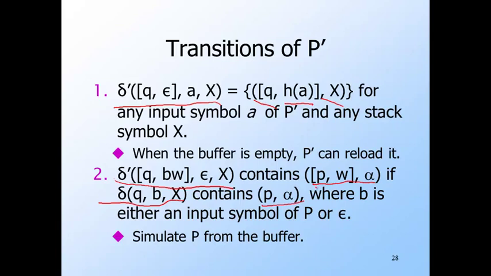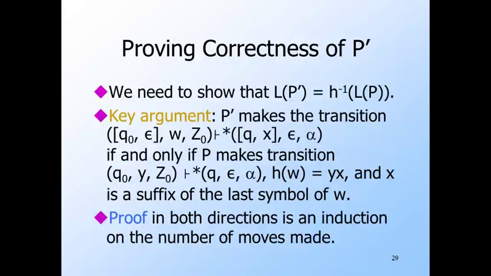That is, b is consumed from the front of the buffer, the state of P changes according to the given choice of P's move, and the stack of P prime also changes in accordance with that given move.